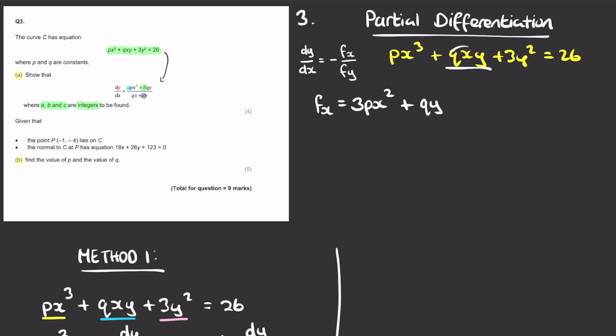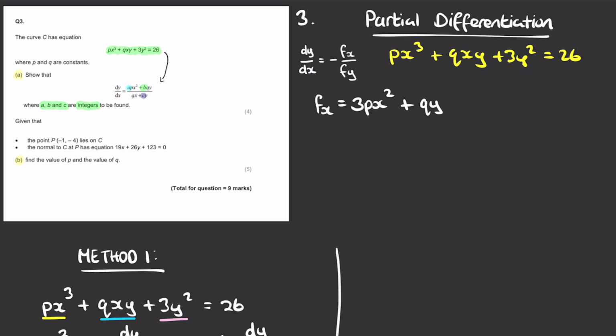Because qxy, if you're differentiating this with respect to x, qx is just 1, and then the y's multiplied by this, so you just leave it together. You basically ignore that the y is there because you treat it as if it's a constant. And when I mean a constant, I mean as if it's a number, like 10, 12, 15, which is why it just stays there and it doesn't change, because it's a constant.